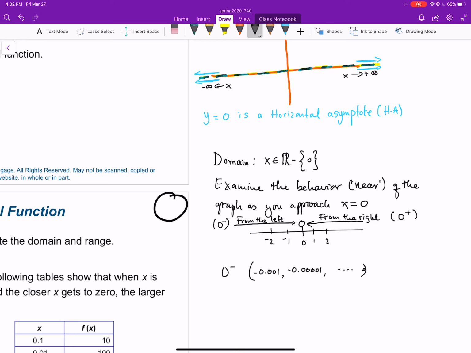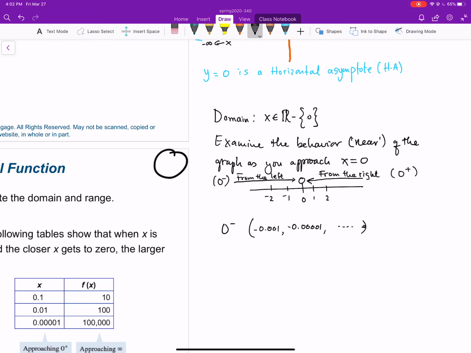So if I have these examples, let's just use them and see. If I have f of -0.001, if I plug it in, I get 1 over -0.001. I end up getting -1,000.